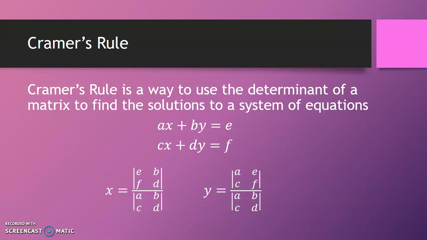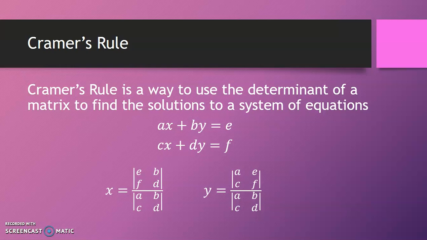If you notice for x and y, the top determinant changes. The x one we have e, b, f, d, and for y we have a, e, c, f. Now the bottom determinant is the same for both of them, a, b, c, d for both. So when I am working with Cramer's rule, I have said that you could always find the bottom determinant first because it stays the same for both equations. You would be able to use it twice.